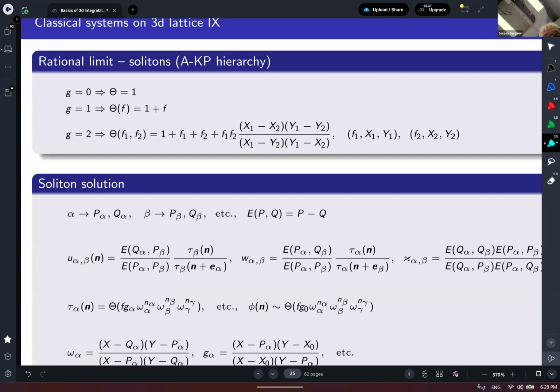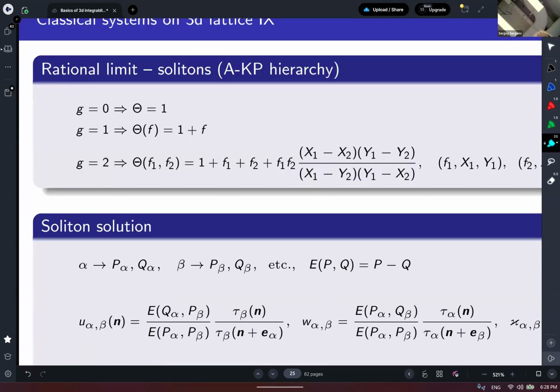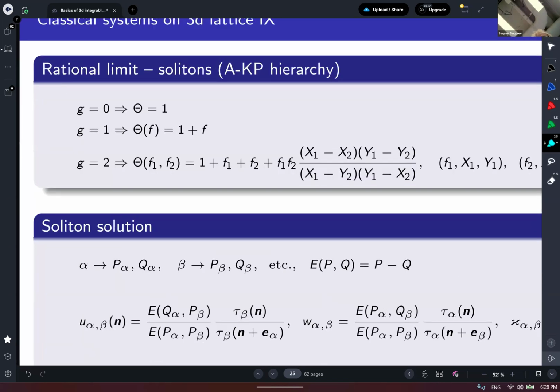And on the top, you can see how solitonic solutions look, how solitonic theta functions look. For genus 0 and 1, everything is not a problem, but for genus 2, you see the coefficient in front of F1 F2, this coefficient. Well, in the literature, solitons with such coefficients are called the general KP hierarchy.